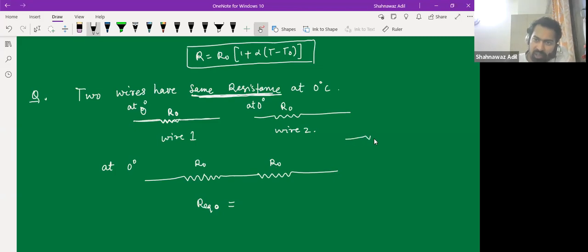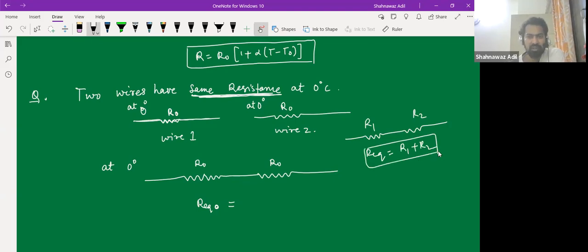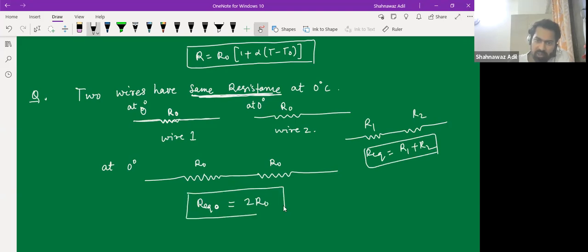So in series, what is the R equivalent? Let's say this is R1, this is R2. R1 plus R2 in series combination. So this would be 2R. Okay, this part is done.